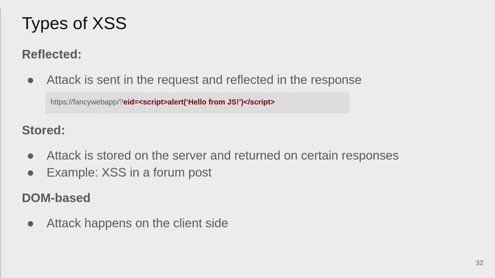Actually, the browser in practice automatically encodes the HTML characters in this URL, so it wouldn't really render, it wouldn't really trigger the script. Encoding depends a bit on what you do.